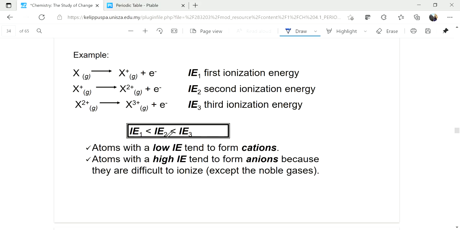Second ionization energy is lower than third ionization energy, meaning that to remove the first electron is much easier, it requires less energy than the step to remove the second electron. So removing the first electron is simpler, easier than removing the second electron, than removing the third electron.